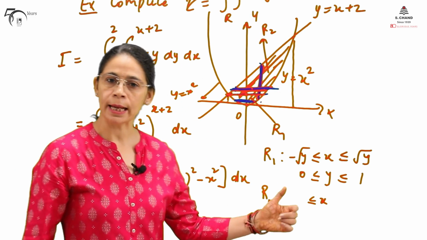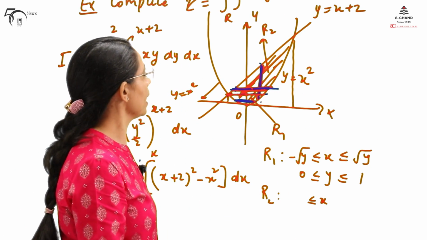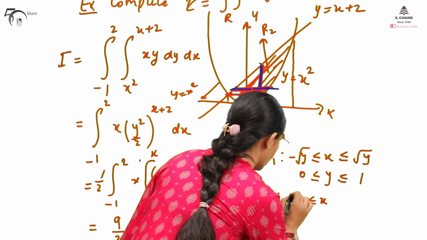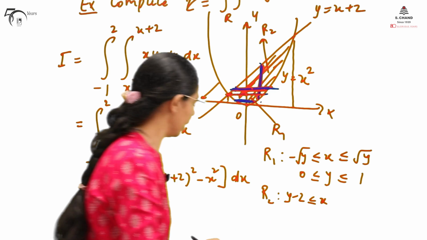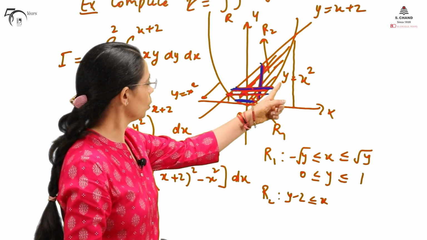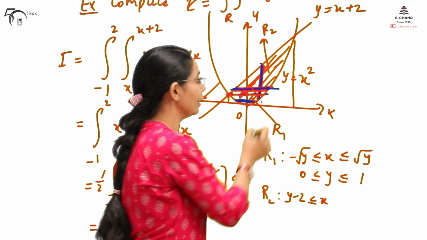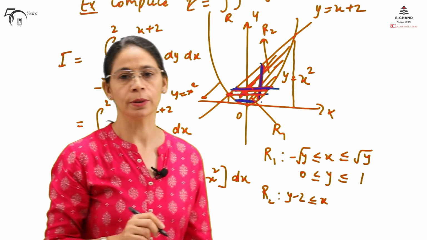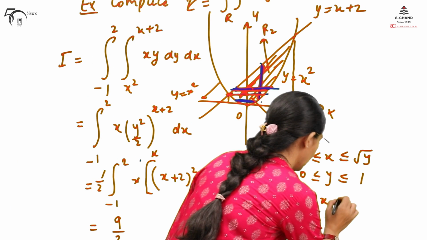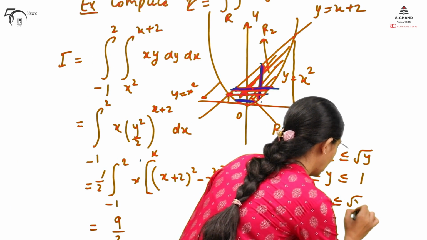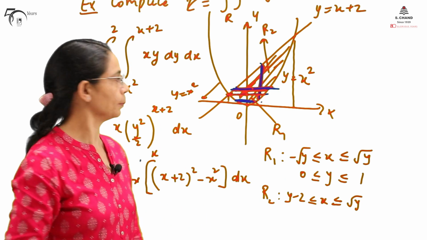If we write x in terms of y, x becomes y minus 2. So it varies from y minus 2 to, and then its upper end is lying on the parabola, that too in the first quadrant. Therefore we are going to take it as under root y with positive sign.